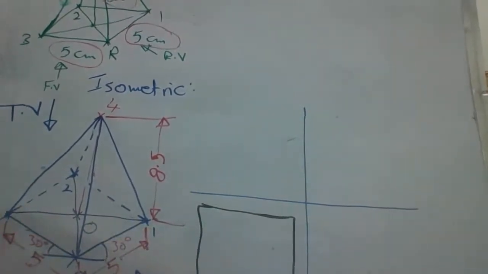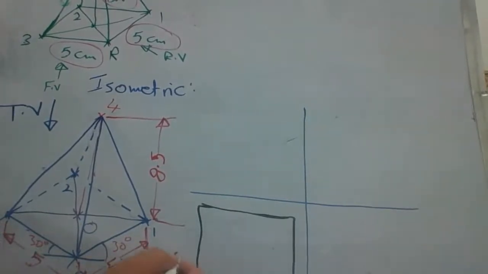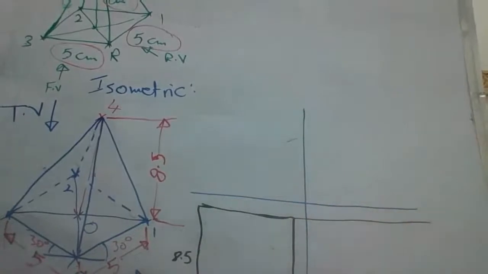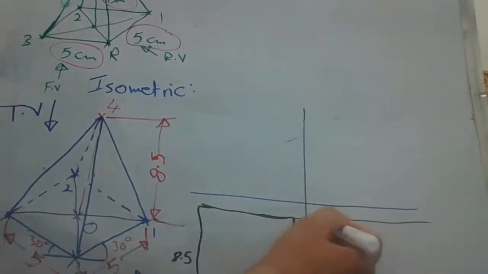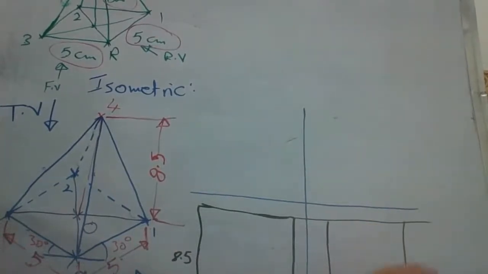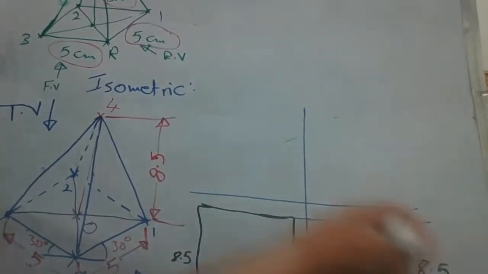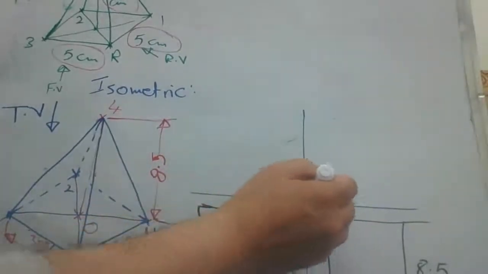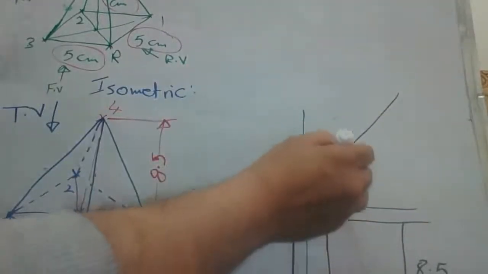Here 5 centimeter, 8.5. Also, we can draw it with 5 centimeter, also 8.5 for right side view. And the projection here for the top view.